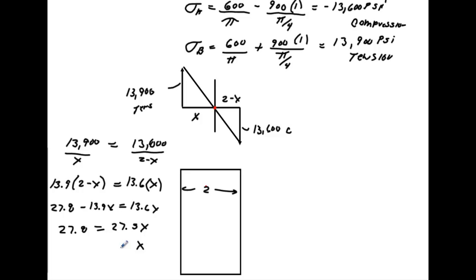Solve for x, and you get 27.8 divided by 27.5, and that gives me 1.01. And so that means if we go over 1.01 inches right here, then we've crossed 0. This line here has crossed the x-axis, so we would have 0 stress. Alright, hope this video helps.